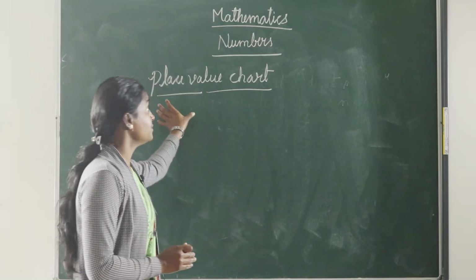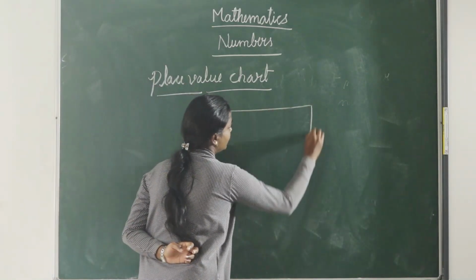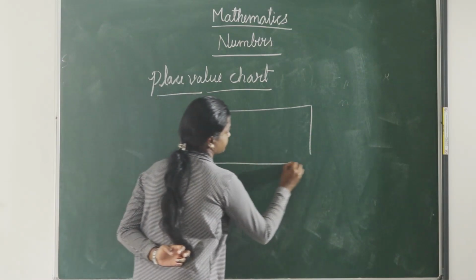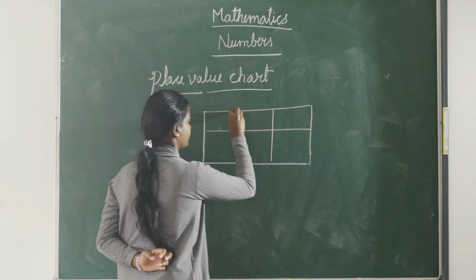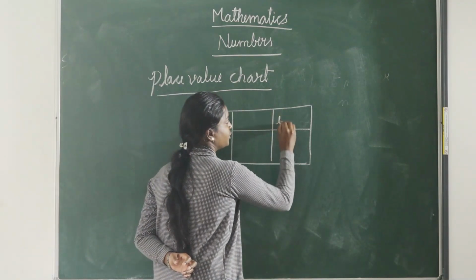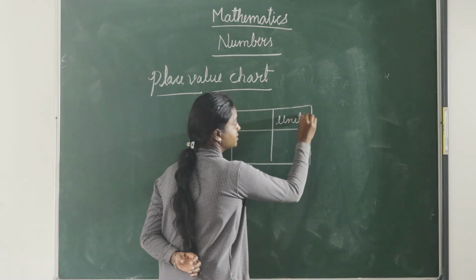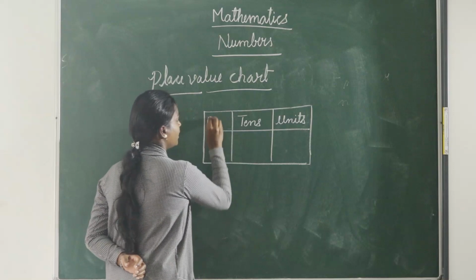That is called as place value chart. So for that you have to draw a table. So here it will come as units, tens and hundreds.